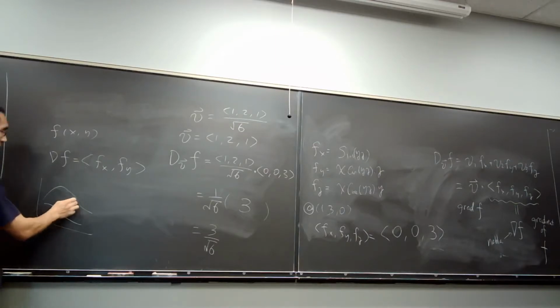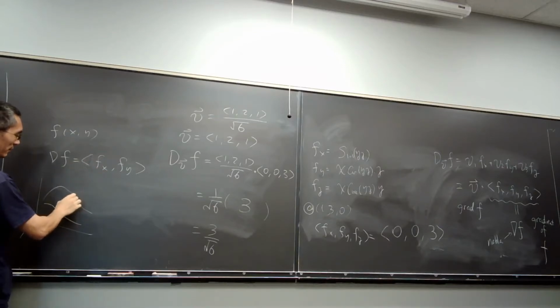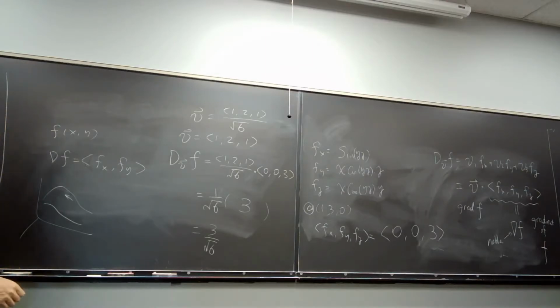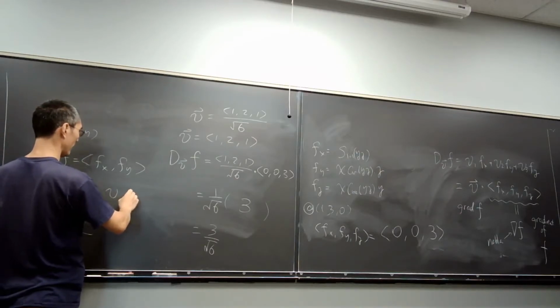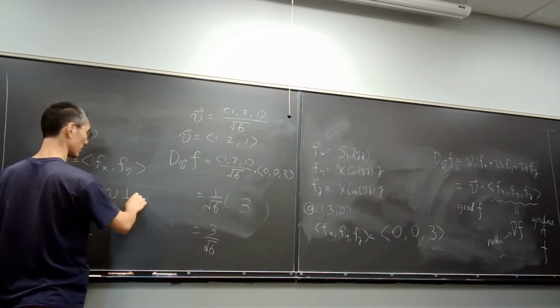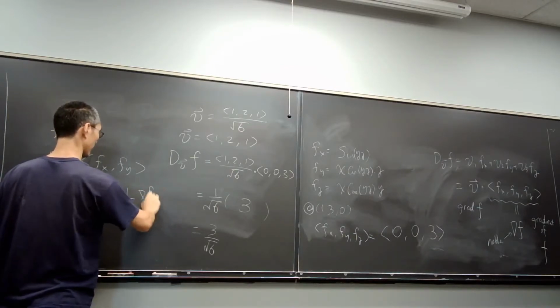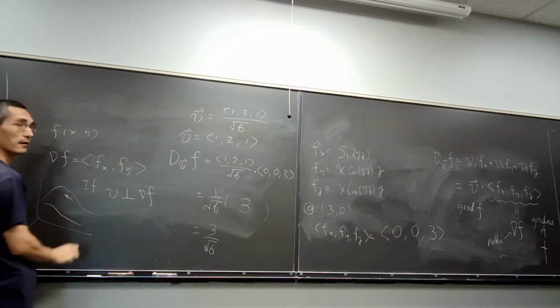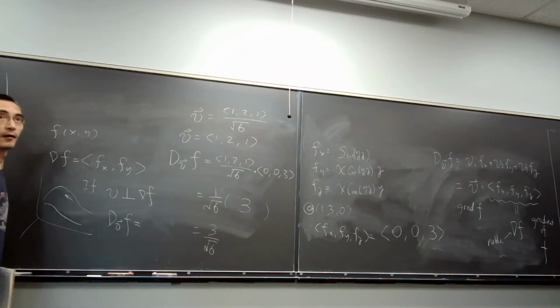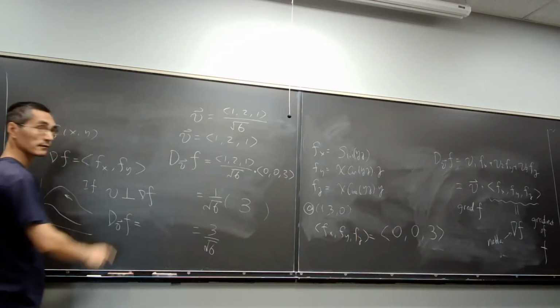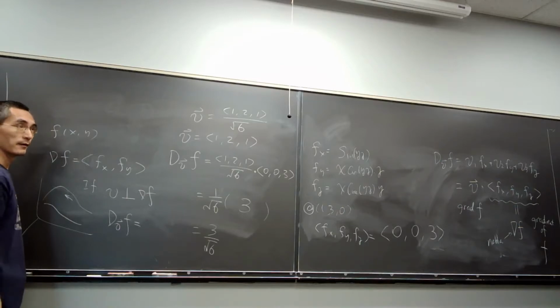Then every point you have a gradient, a gradient is like that. What is the geometrical meaning of this? Let's consider the directional derivative. If v is orthogonal or perpendicular to the gradient of f, then what is the directional derivative? It will be v dot that, right? And what is v dot that if they are perpendicular?